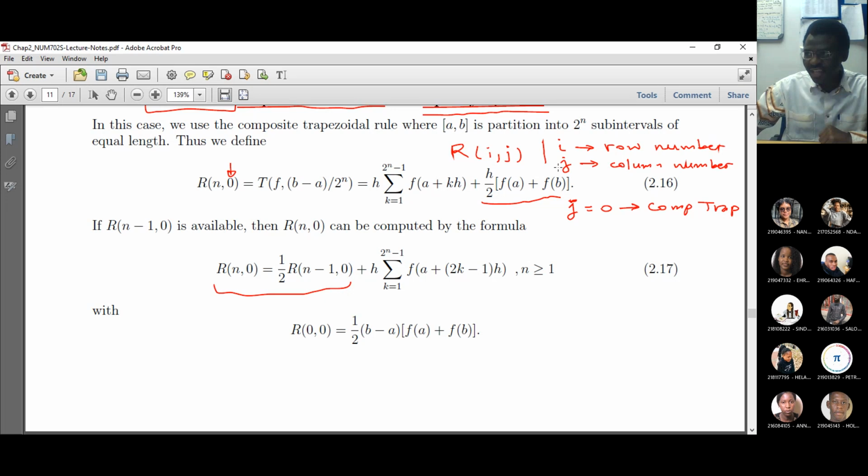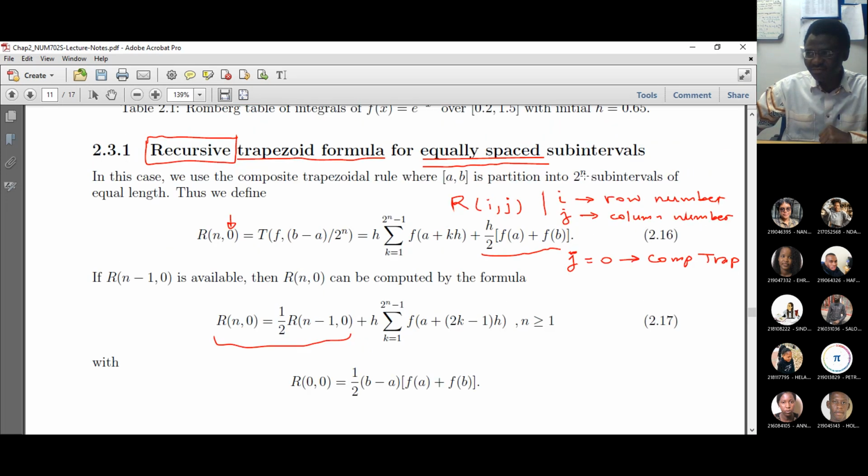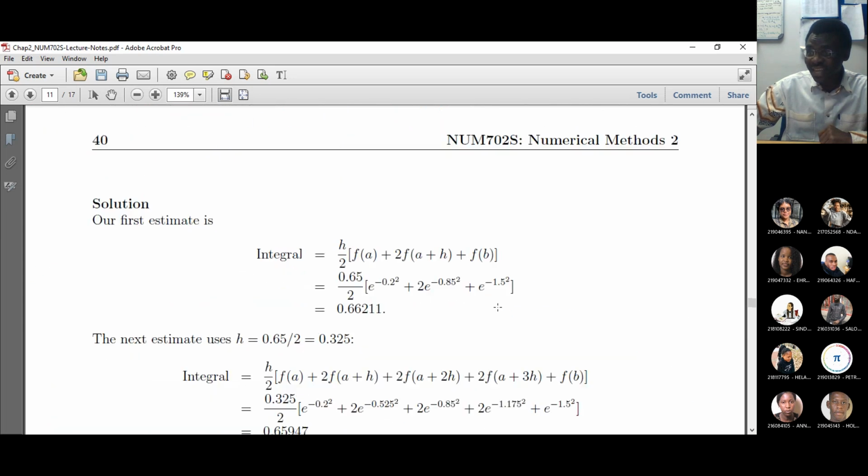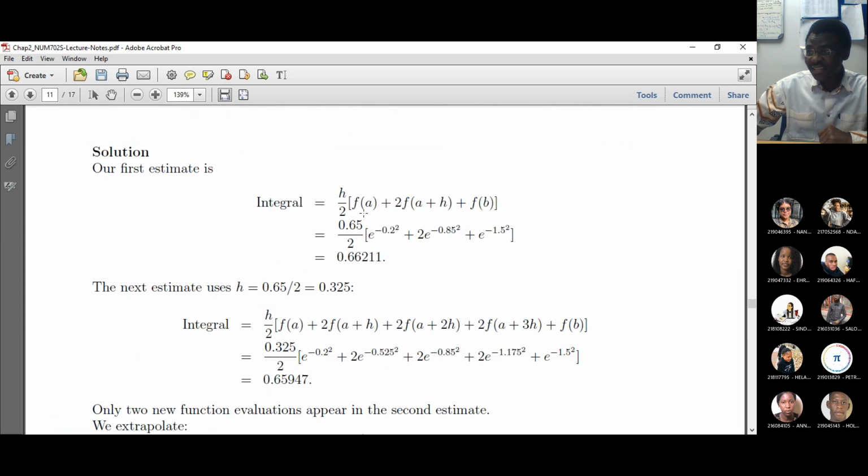Each time, h is changing. So the number of function evaluations that you get here will increase exactly the way you can see here. First time, we have 3 function evaluations, then 5. If we were to proceed, you have more and more.